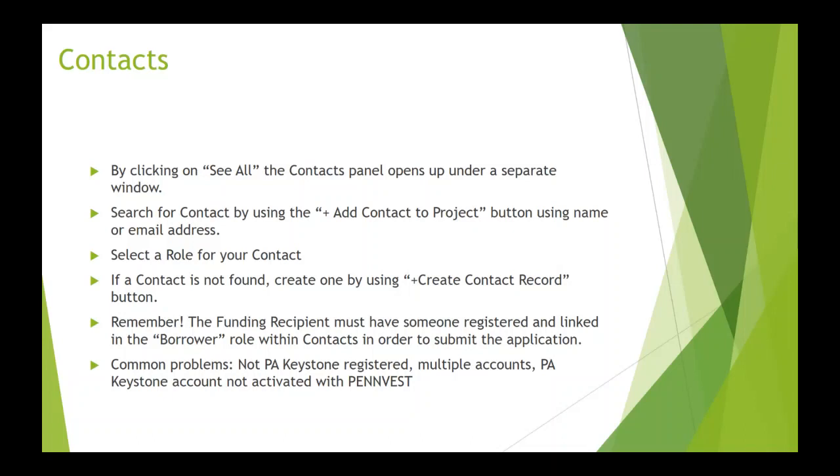In our old system, you literally had to get out of the application and go in through another tab to update your contacts. Here, our IT department designed the contacts so that it opens up under a separate portal. Once you've updated your contacts, you can just close out that page, and you're right back in the application.